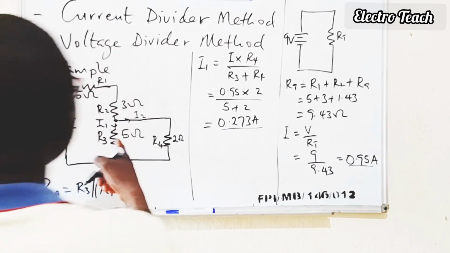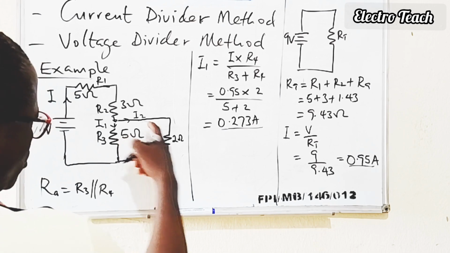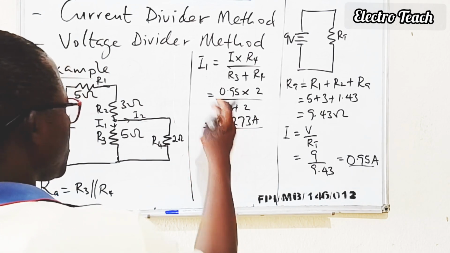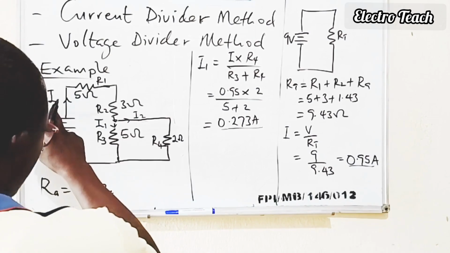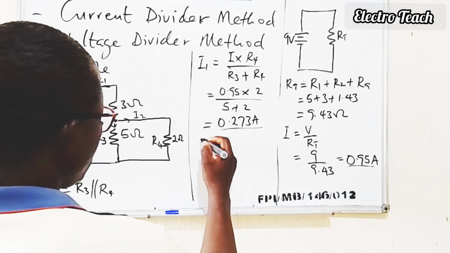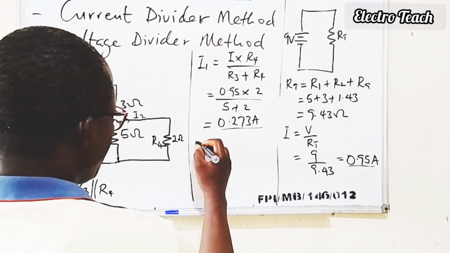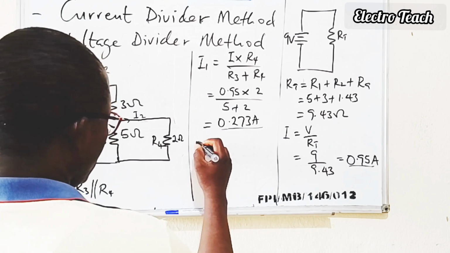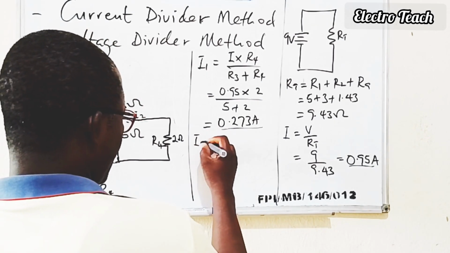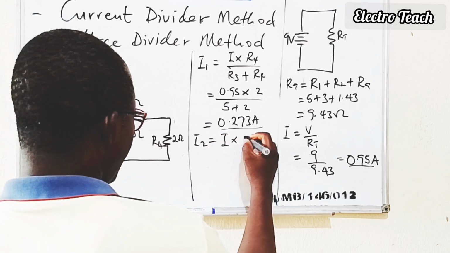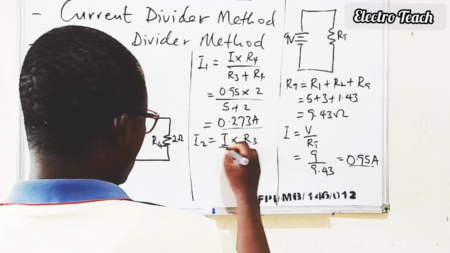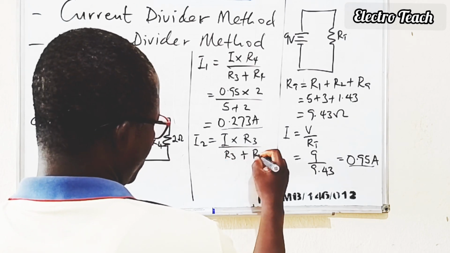Now, to determine the current that is flowing in R4, which is I2, you can still apply the same formula, or you can subtract this value of current from the total current. But since we are learning the current divider method and voltage divider method, we need to use the current divider formula to exemplify how it works. I2 equals I multiplied by R3 over R3 plus R4.